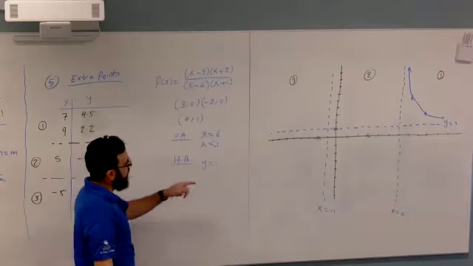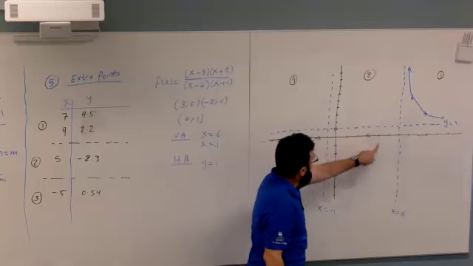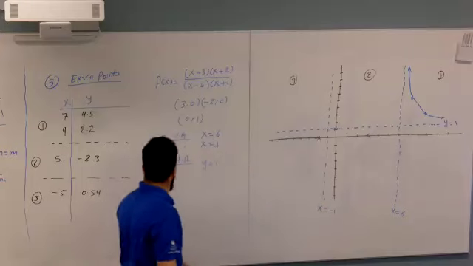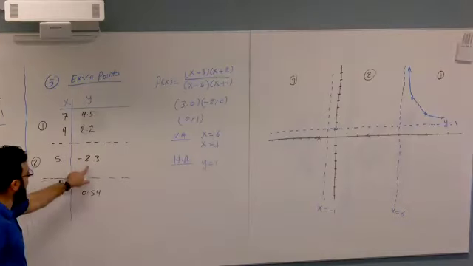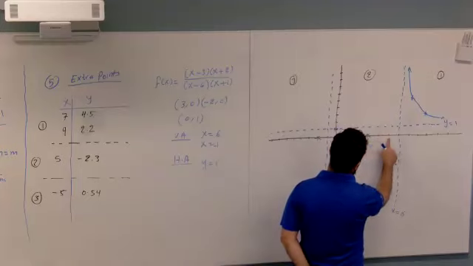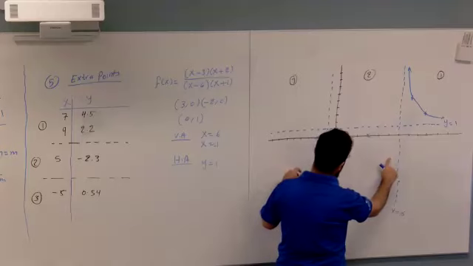Now with the second part, I have 2 points. That's why I picked only 1 point here, which is 5. And I got 2.3. So 1, 2, 3, 4, 5. Going to be 1, 2, 2.3, kind of here.